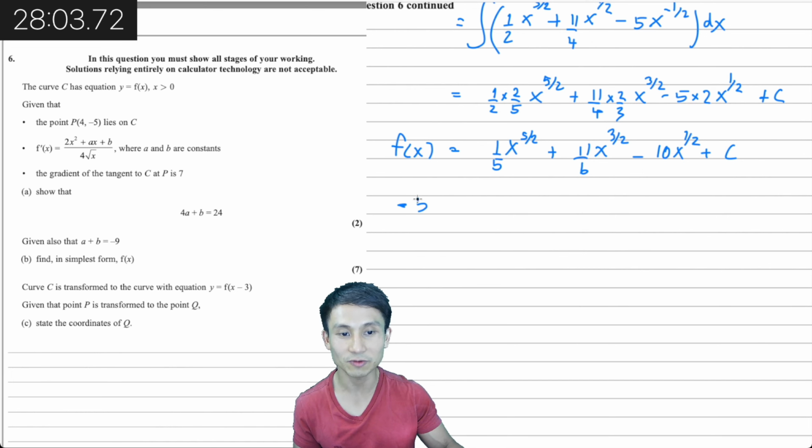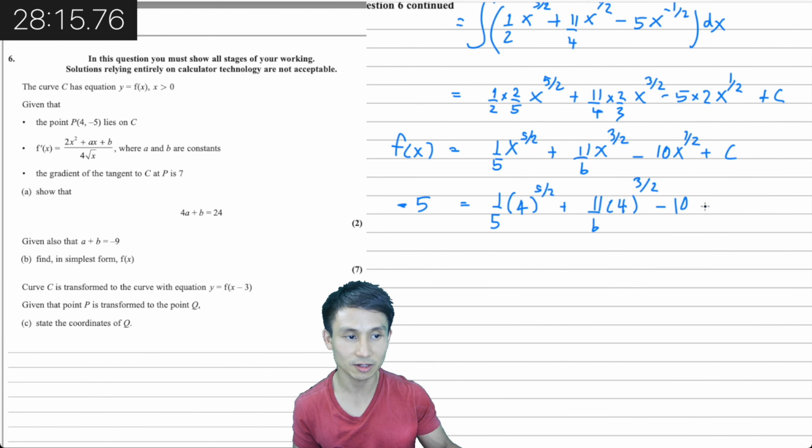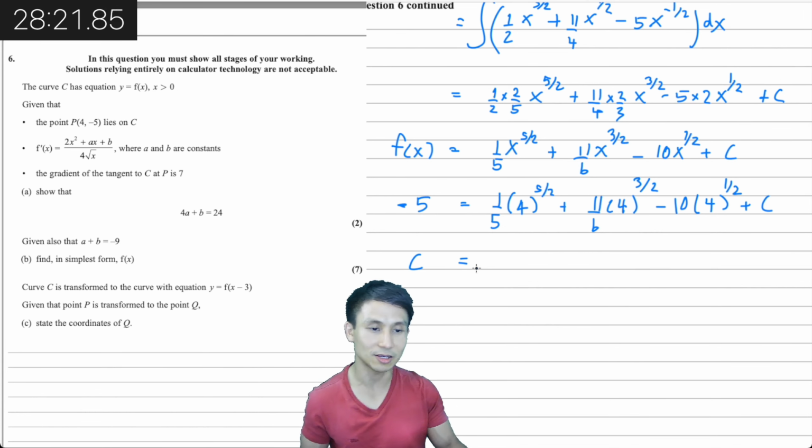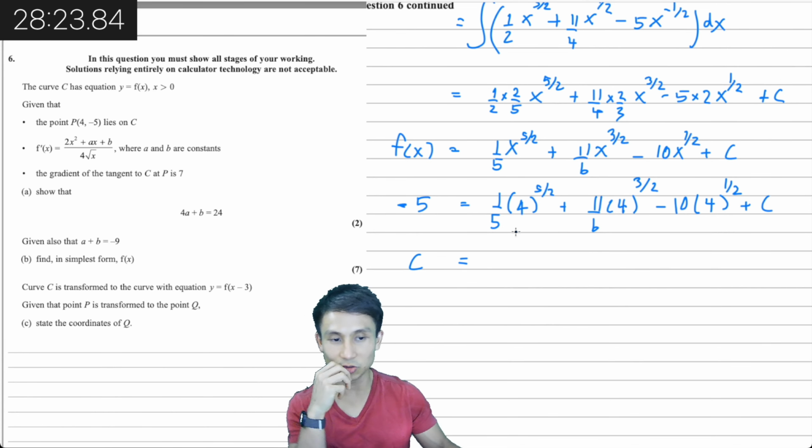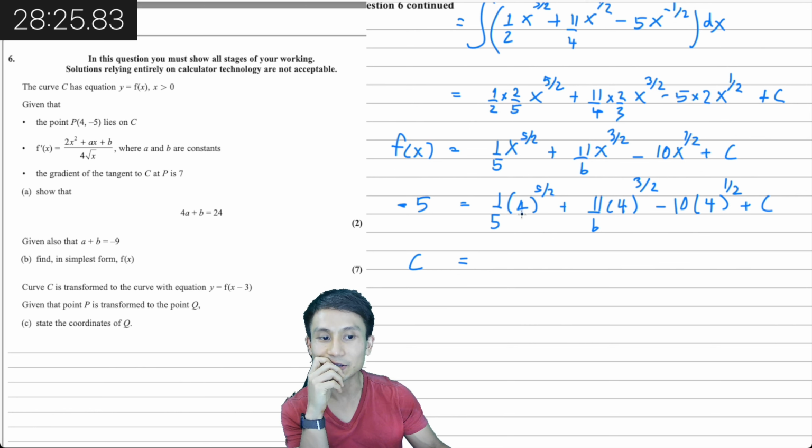So we do minus 5 here equals 1 over 5 sub in 4 to the 5 over 2 plus 11 over 6 sub in 4 to the 3 over 2 minus 10 sub in 4 to the 1 over 2 plus c. And that is where we're going to calculate c, yeah? So I'm just going to do, okay, so this is 2 to the 5.